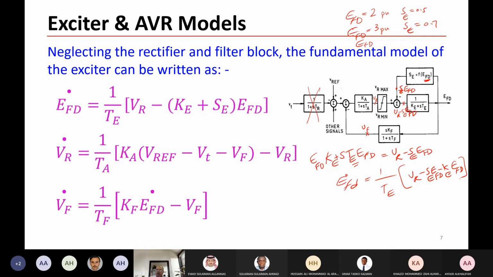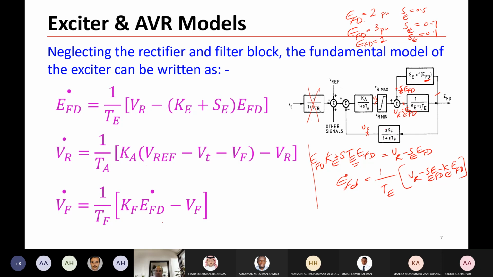If EFD equals 1, then SE equals 0.1, for example. So it is a scalar value that depends on EFD, a function of EFD, right? So this is the factor that will be multiplied by EFD, so SE EFD. So this is the first equation, and definitely you can have the second and third equations.